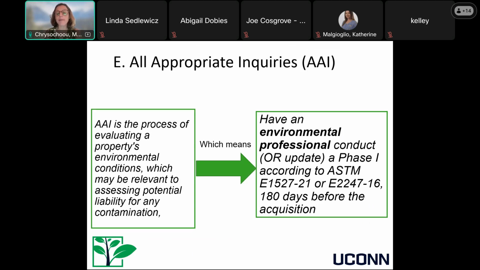So if you didn't update that Phase 1 181 days before the acquisition, you are now liable under CERCLA. That is a very important part to figure out if you acquired the property, with the exception if you got it through foreclosure, tax foreclosure, or eminent domain. In that case, you are off the hook, by statute.